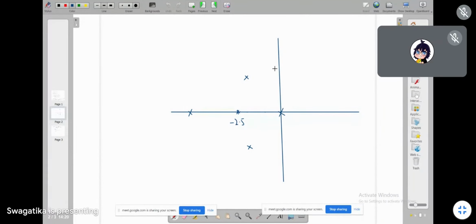Then you have the number of branches and number of asymptotes. First you have to draw according to the angles 45, 135, 225 and the last one at 315. Suppose this is 90, and this will be 45, like this.